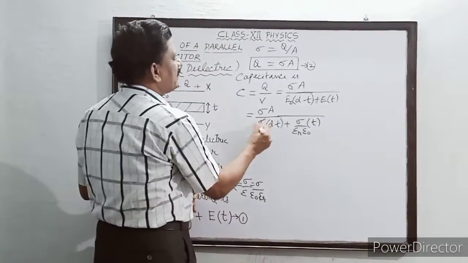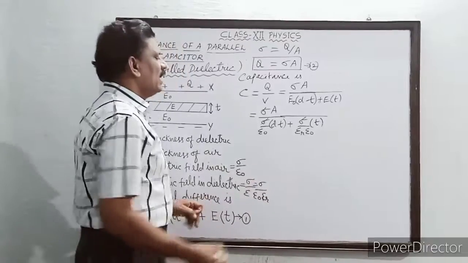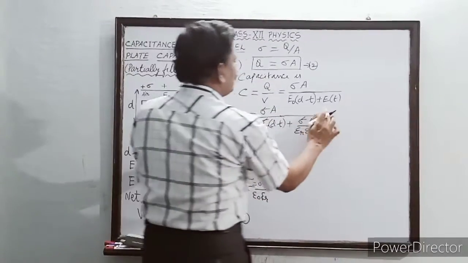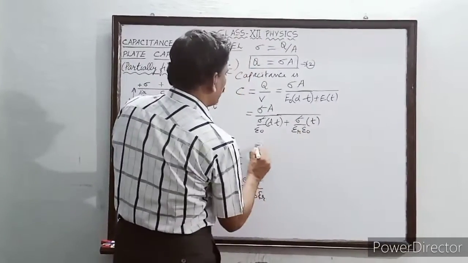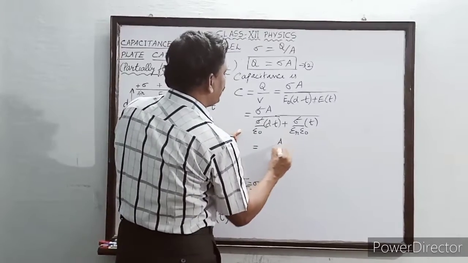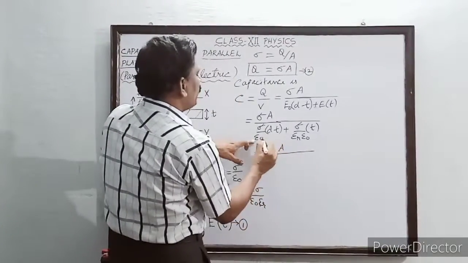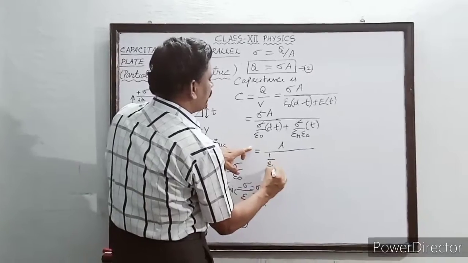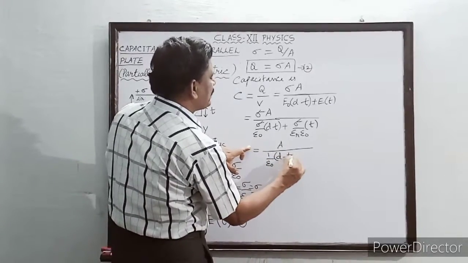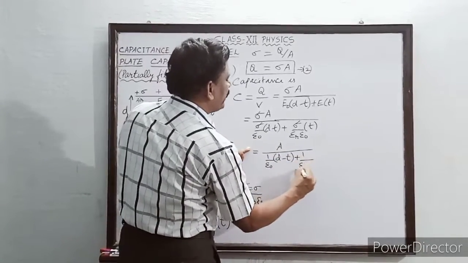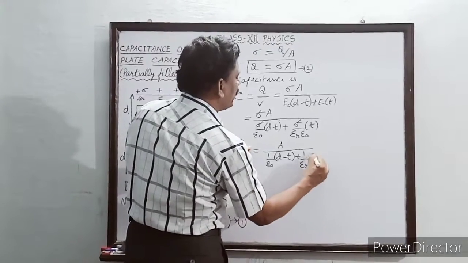Here the sigma can be cancelled and the remaining terms can be adjusted. So this is now equal to capital A divided by 1 by epsilon naught into (d minus t) plus 1 by epsilon r into epsilon naught into t.